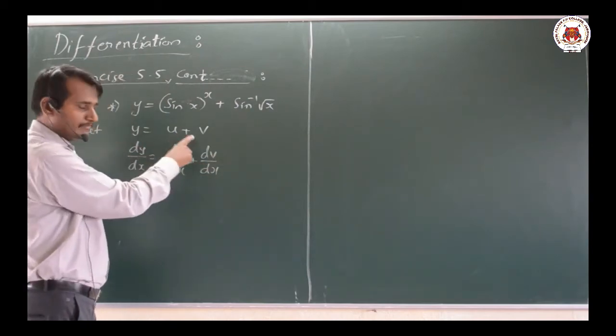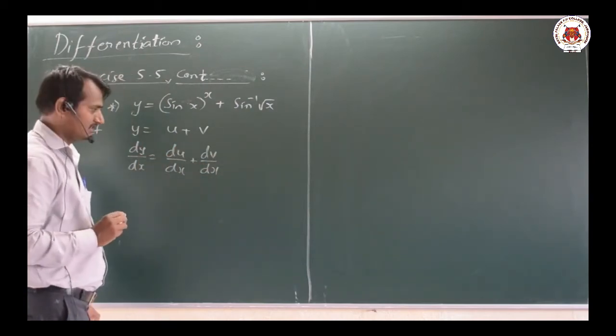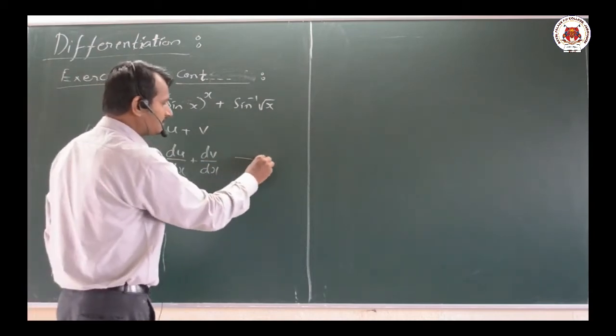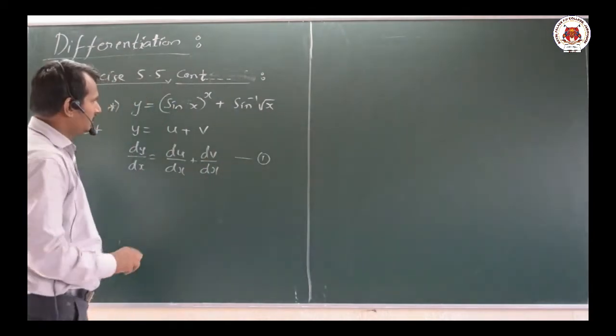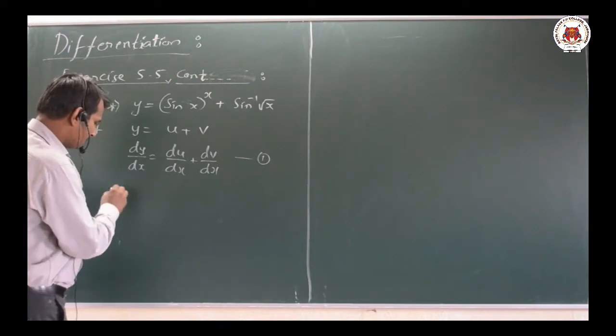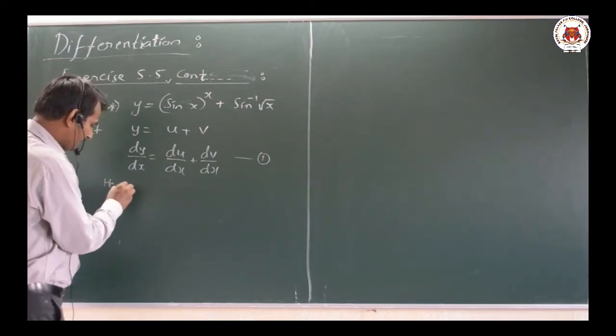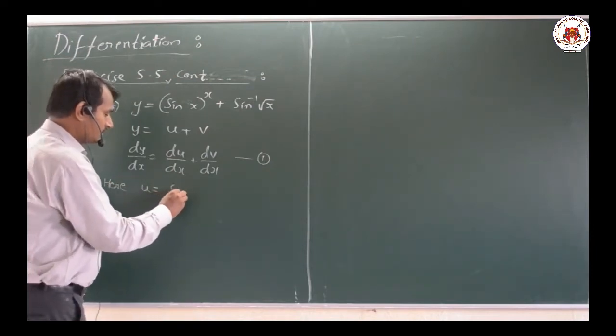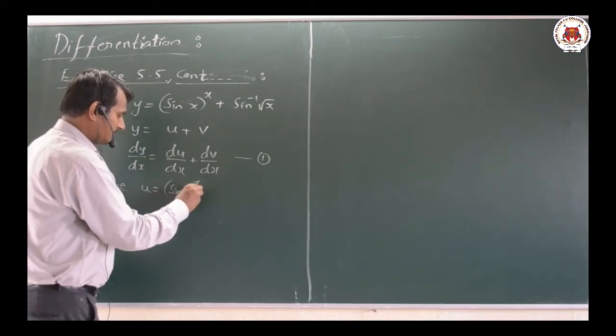Now what I am doing here, I am differentiating with respect to x. This is equation number 1. Now let us observe the first part, where u is equal to (sin x) to the power of x.